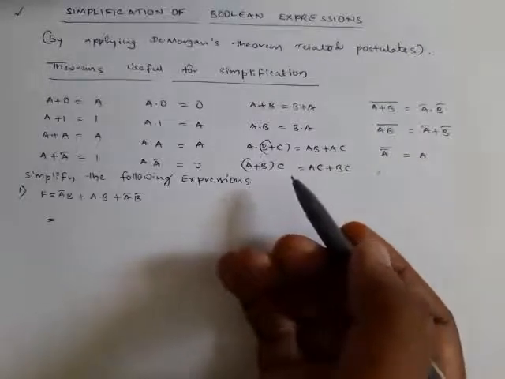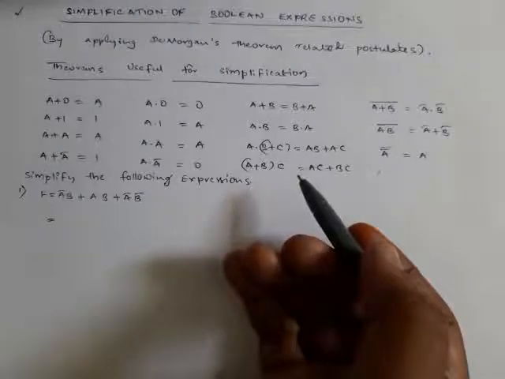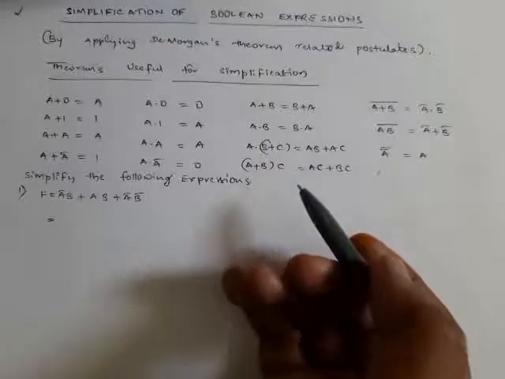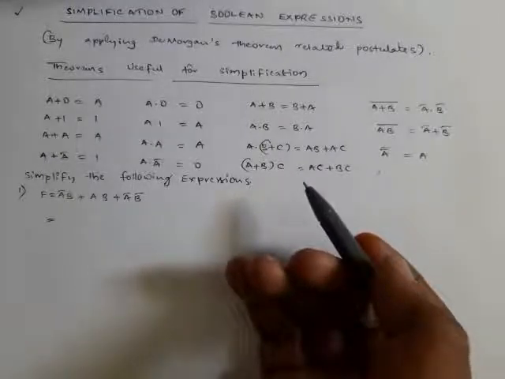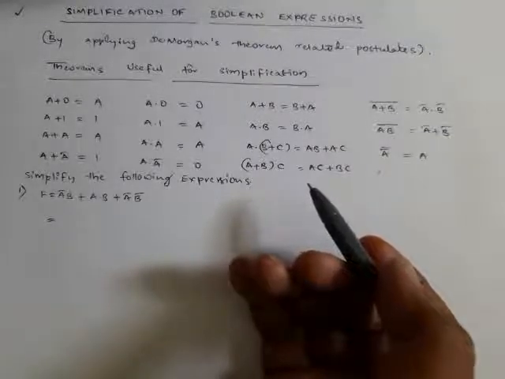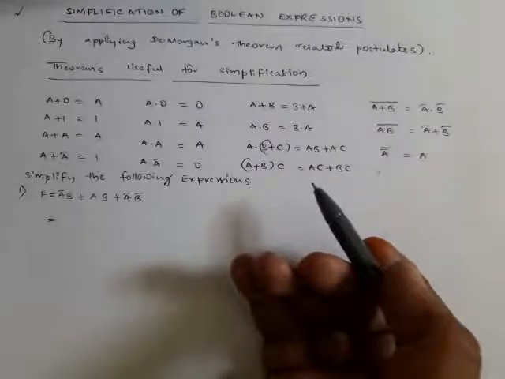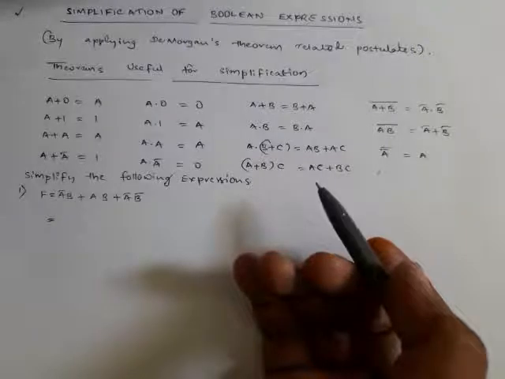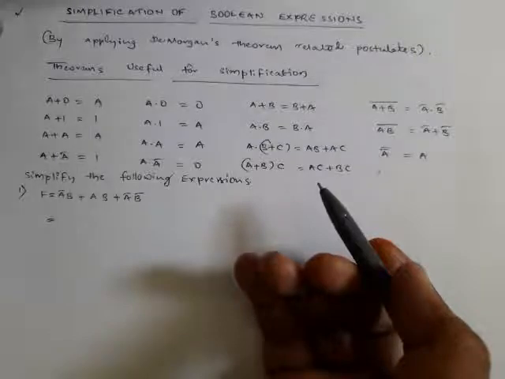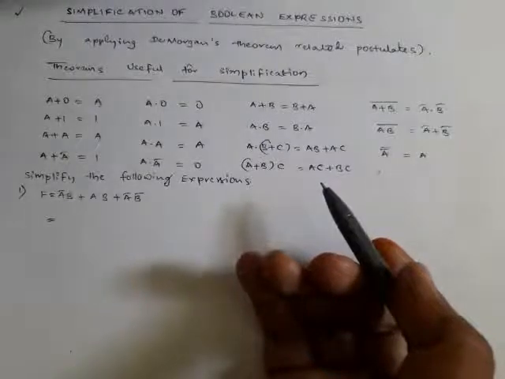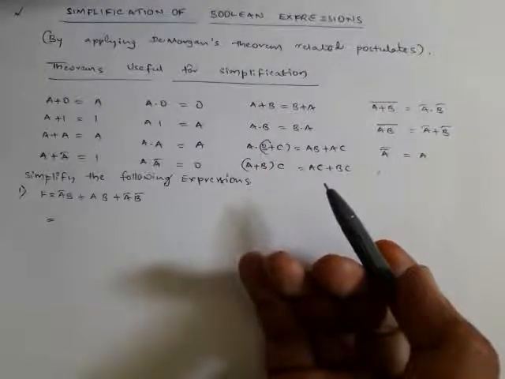So, if a Boolean expression is given which specifies the output of a particular digital circuit or system, and if we can reduce the number of variables and the number of operations, so that we will get an equivalent expression which contains less number of variables and less number of operations, then the circuit required to realize that expression is small, or we require only less number of logic gates to realize a function with less number of variables and less number of operations. So that is the importance of simplification of Boolean expression.